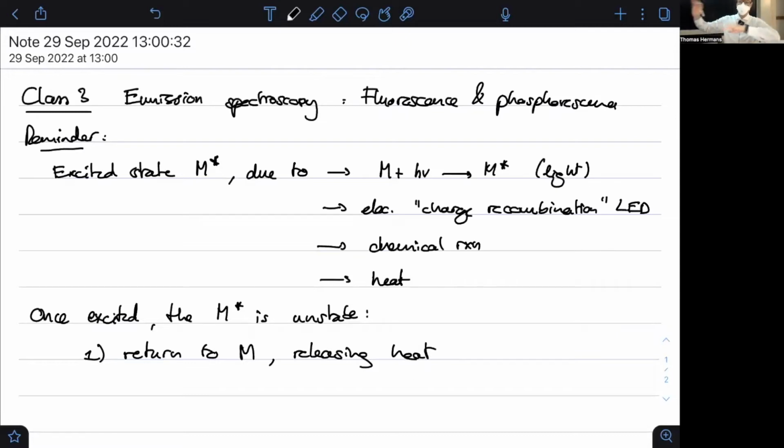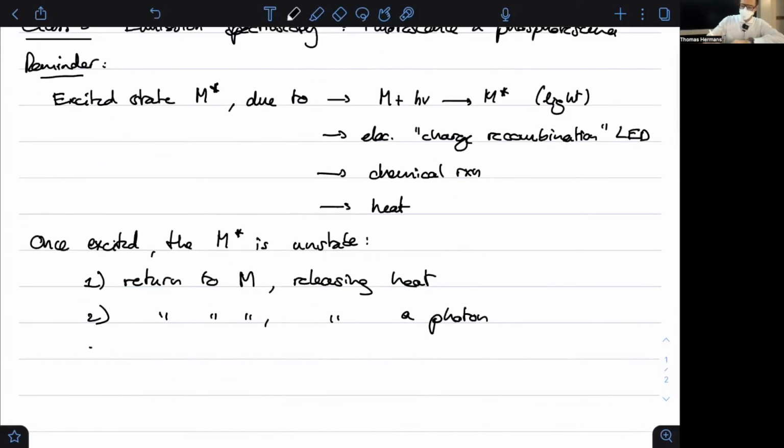Non-radiative means you release heat or you dissipate energy. That's also what people say. You can return to the ground state releasing a photon. That's luminescence, as we'll see. And you can use the energy to start a chemical reaction.